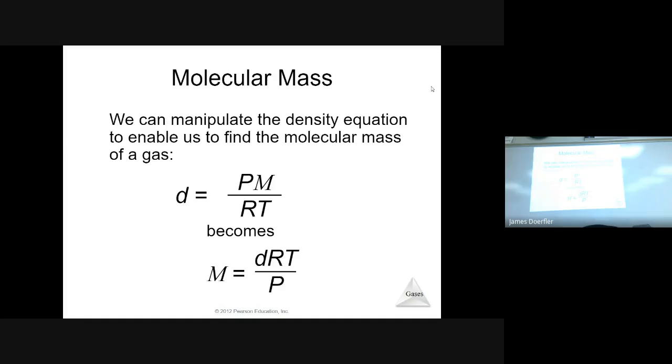So that's the basis we're going to use when we discuss densities. There are a couple of different ways we can use this formula. Obviously, we're going to use it to solve for density of a gas. We're also going to use it to solve for molar mass of a gas.